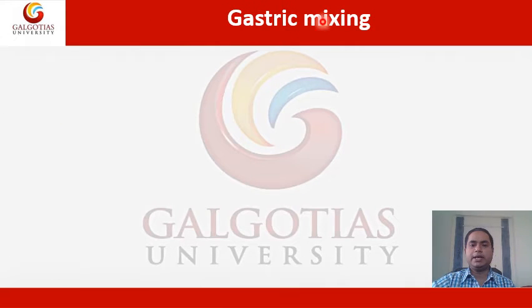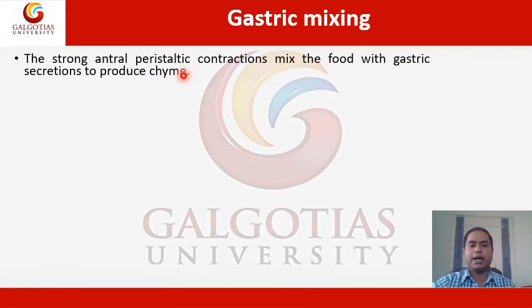Now we will learn about the gastric mixing process. The strong antral peristaltic contractions mix the food into the gastric secretion to produce chyme. Each antral peristaltic wave propels the food or chyme forward toward the pyloric sphincter.